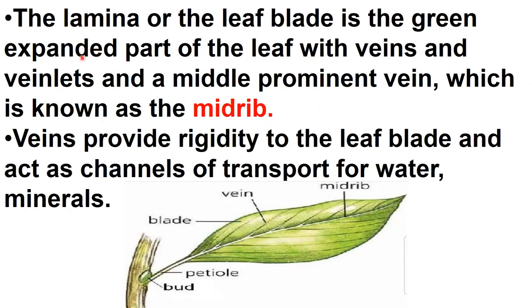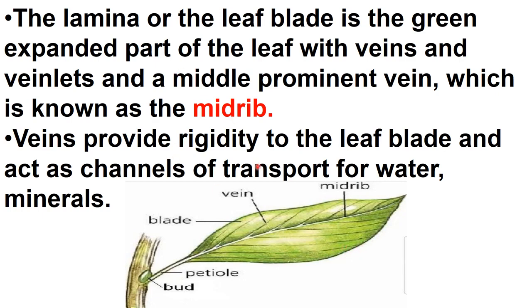Now next, the lamina or the leaf blade is the green expanded part of the leaf. This complete part is lamina or leaf blade, and it has veins and veinlets. These are veins, and any branches from the veins are called veinlets.